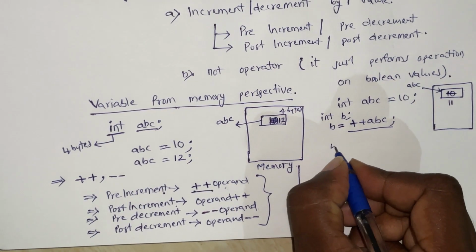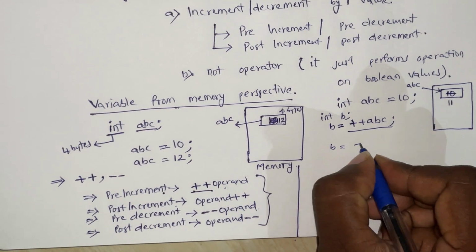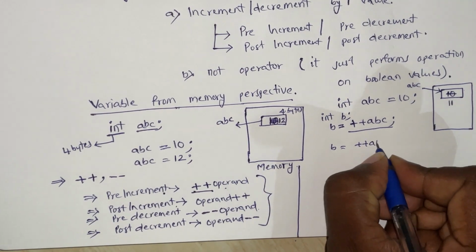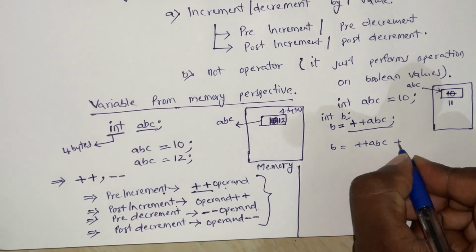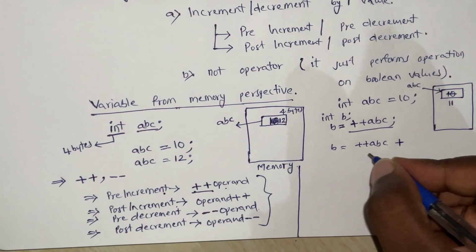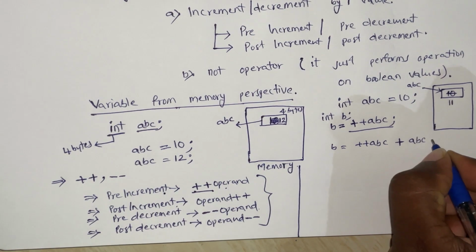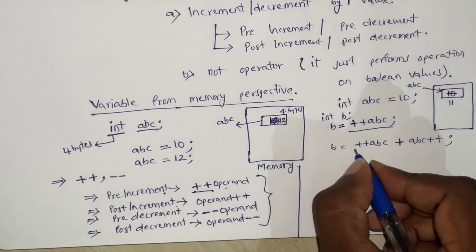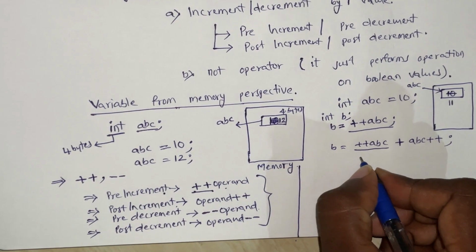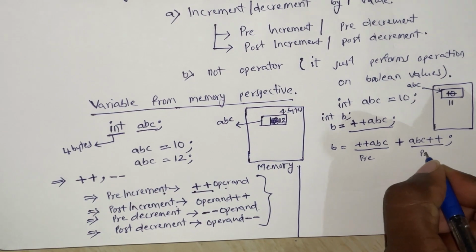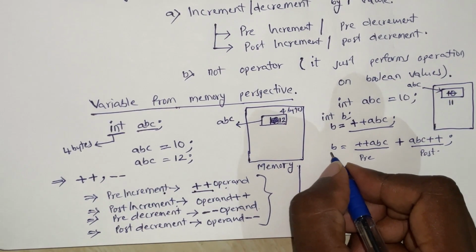Now let's say b equal to plus plus abc plus abc plus plus. Here you will see exactly the difference between pre-increment and post-increment. This is the pre-increment and this is the post-increment. What value will it store into b?